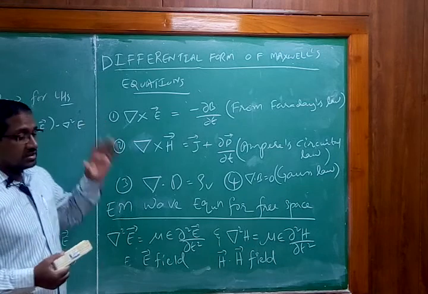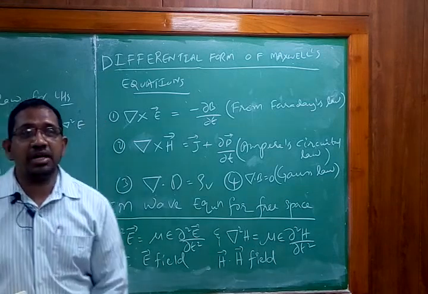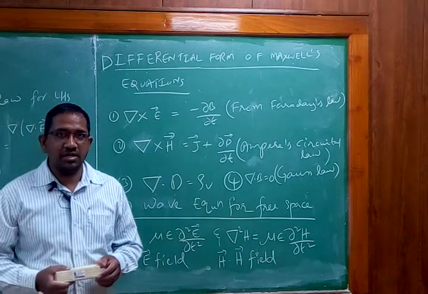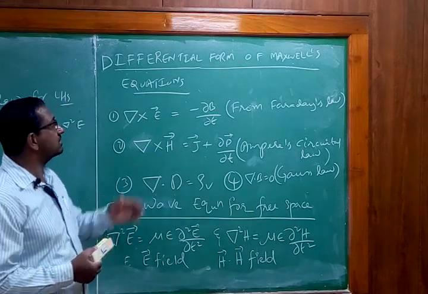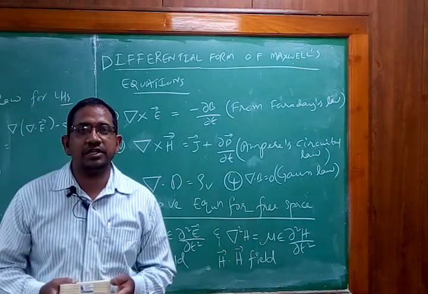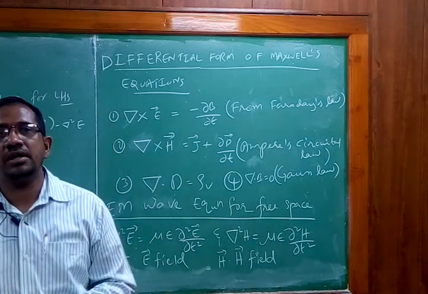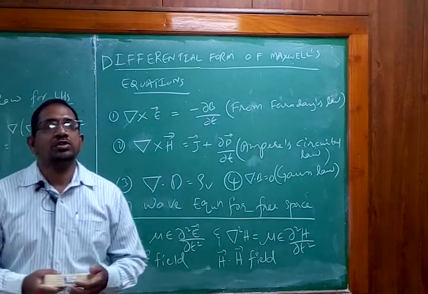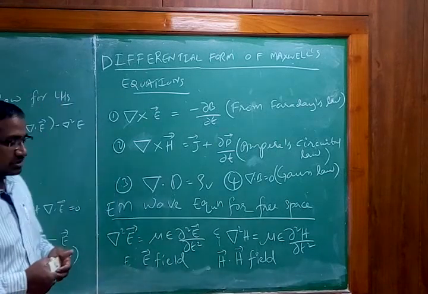What is the prerequisite to derive the electromagnetic wave equation? The prerequisite, as I said, is Maxwell's equations. Without Maxwell's equations we really cannot solve any microwave propagation equations. Why is Maxwell's so popular?